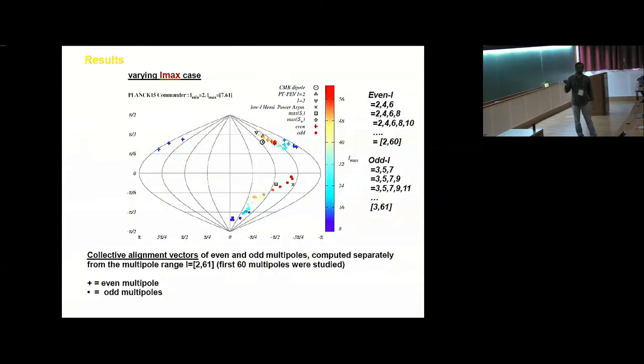As you keep increasing the bin size, the even multipoles have a tendency to be aligned along the dipole direction, and the odd multipoles span a wider range, but essentially contain the odd mirror parity axis and the odd parity dipole modulation axis, while the even multipoles cluster towards the kinetic dipole direction.